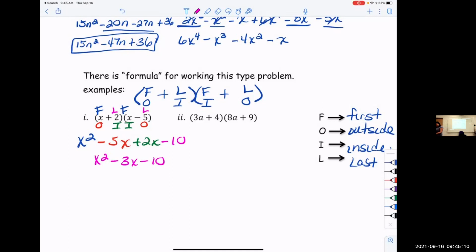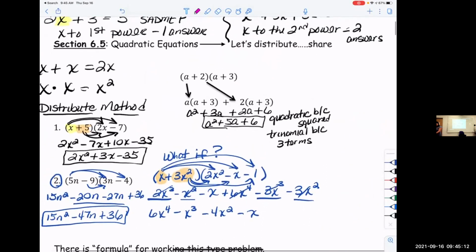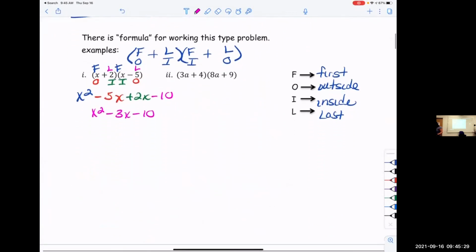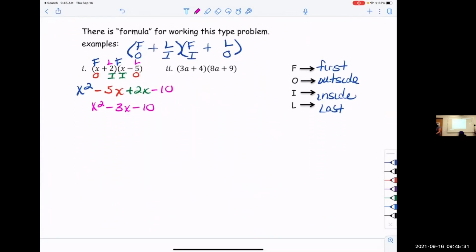But when you end up with something like this, first, outer, inner, last isn't going to cut it because there are too many terms here for it to work. And so really, in my opinion, distributive property is better because it works for everything, no matter how big it gets. But I have to make sure you know what FOIL is.